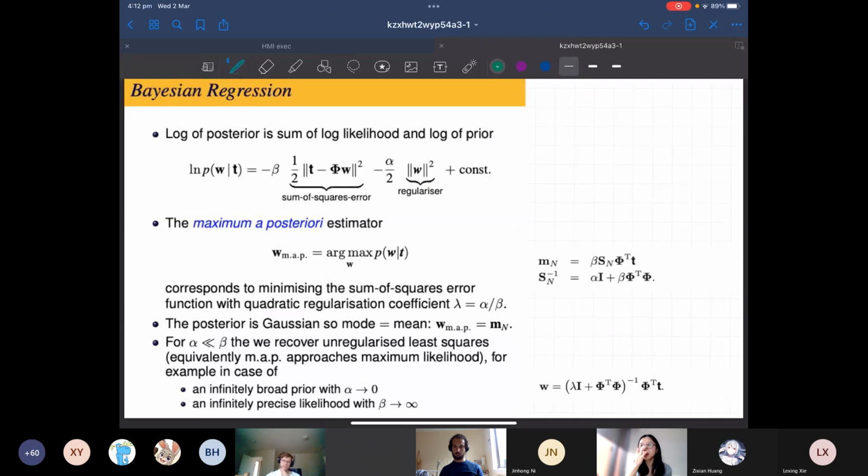Yes, you're very right in catching that. In Bayesian regression, we compute the posterior. The equivalence, I kind of didn't cover this slide fully.